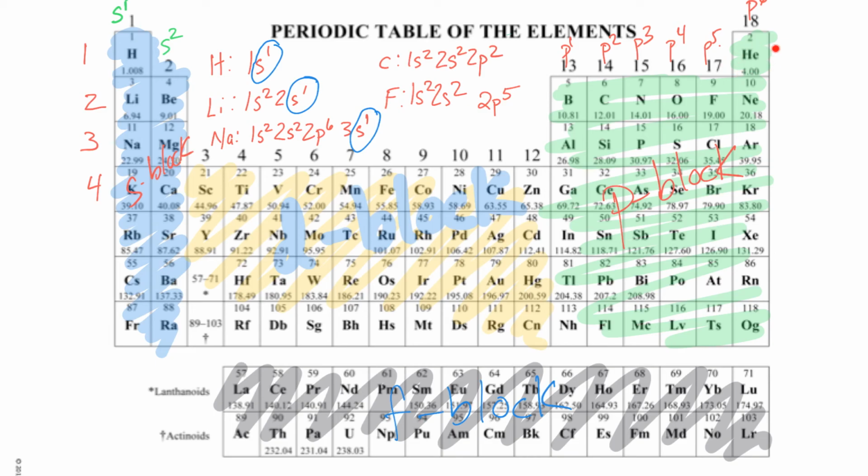Right, except for helium, of course, because it only has 2 electrons, so its electron configuration is 1s2. But neon would end in 2p6. Argon's last sublevel will be 3p, and so it will be 3p6. Krypton will be 4p6, xenon will be 5p6, and so on.